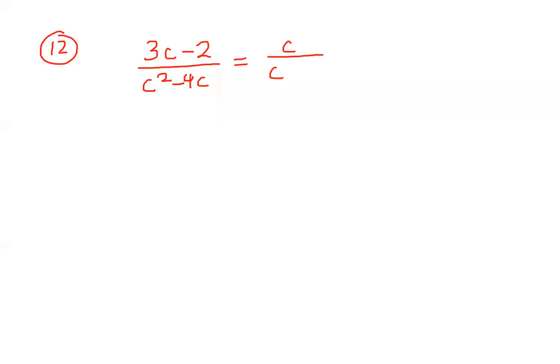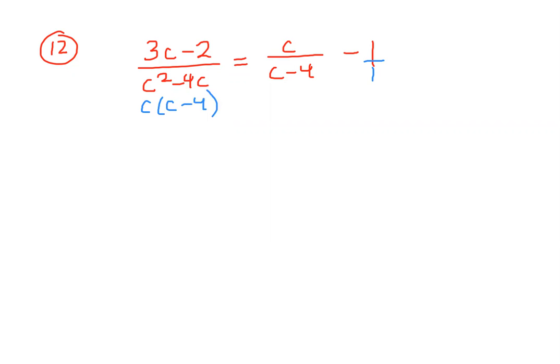Okay, one more, number 12. 3c minus 2 over c squared minus 4c equals c over c minus 4 minus 1. So we've got to think of a common denominator. Well, the denominator there is 1. If we took a c out of this, we would get c minus 4.